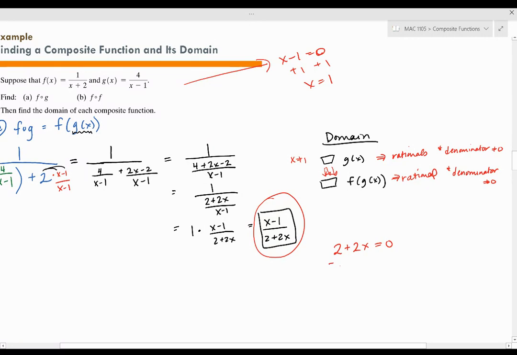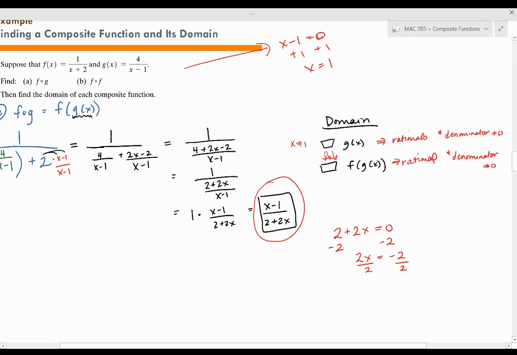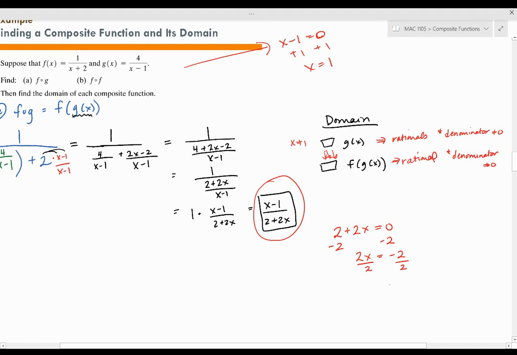Minus 2, 2x equals negative 2, divided by 2, and x cannot equal negative 1. So out of all the x values, negative 1 gets stuck in the second filter. Everything else clears. We're good with everything else.